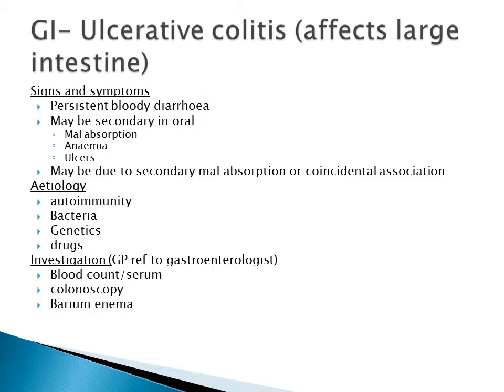Other symptoms could be persistent diarrhea and frequently is painless. Etiopathogenesis unknown, but is associated with autoimmunity, diet, some drugs, and genetic basis. Investigation: biopsy, full blood tests, colonoscopy, and barium enema by a gastroenterologist.